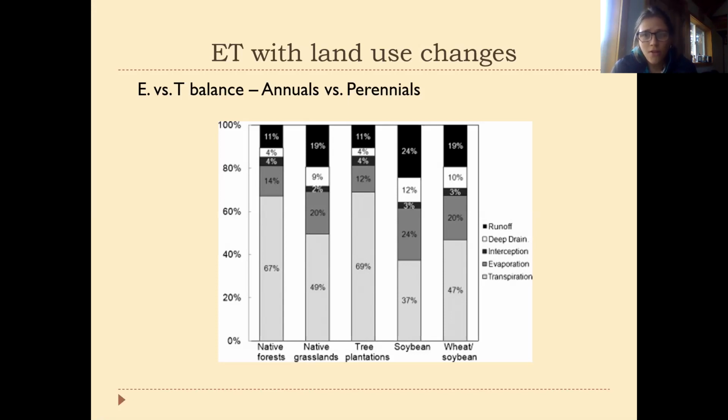And then in these other crops, soybean and wheat, or these other native grasslands, you're going to have less transpiration, probably more evaporation, but much more deep drainage, soil storage in terms of groundwater, and then also more available runoff.